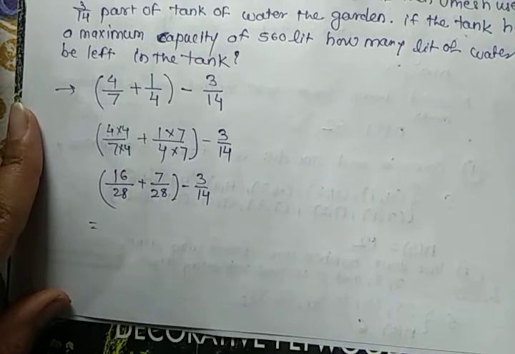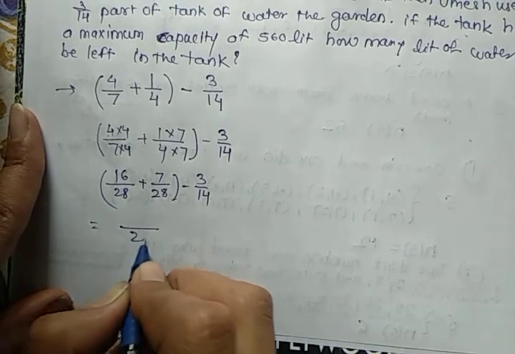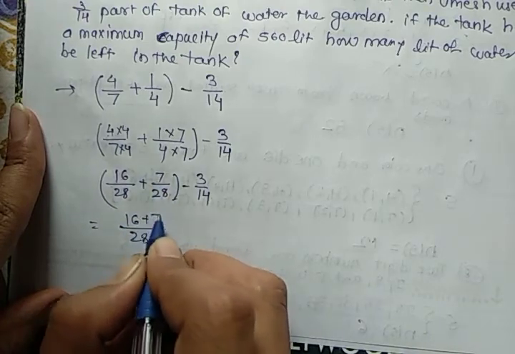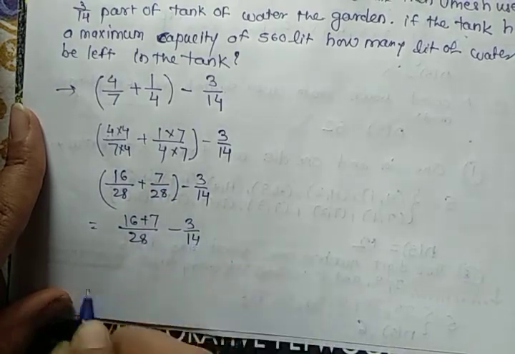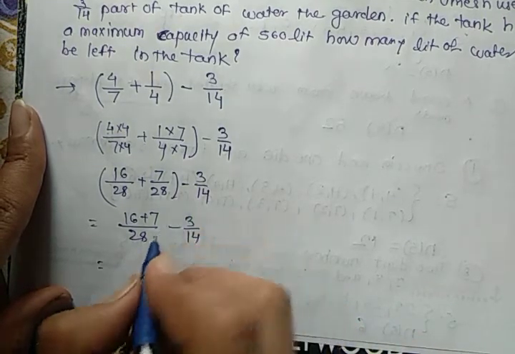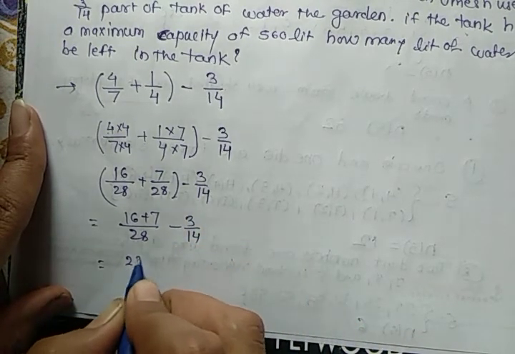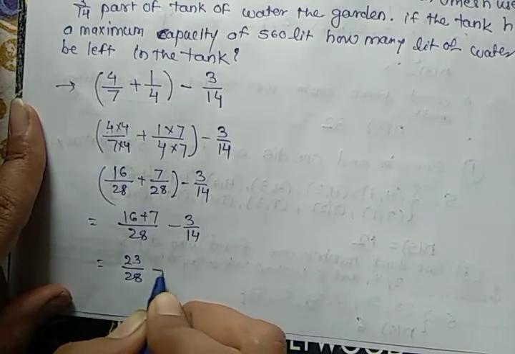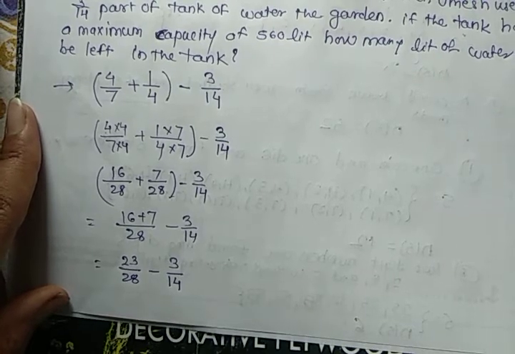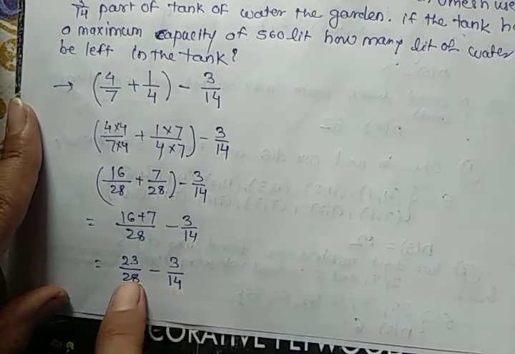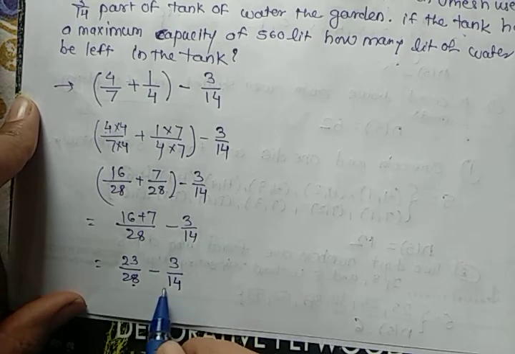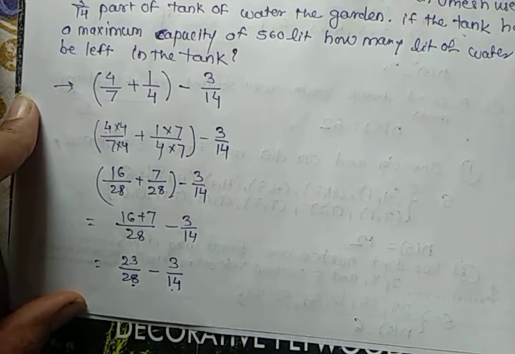Now here denominators are the same, so write the denominator only one time. Add the numerators, 16 plus 7. 16 plus 7 is 23 upon 28, minus 3 upon 14. Let's see here. In this fraction the denominator is 28 and this denominator is 14. So again make them the same.